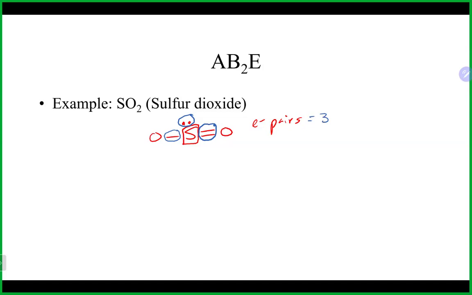As I mentioned a second ago, the electron geometry does not change. So as we saw earlier, 3 electron pairs is trigonal planar in terms of the electron pair geometry. But what happens in this case is these non-bonding electrons and bonding electrons do not want to be near each other. So they're going to get away as far as possible from each other, and they're going to kind of go upwards.